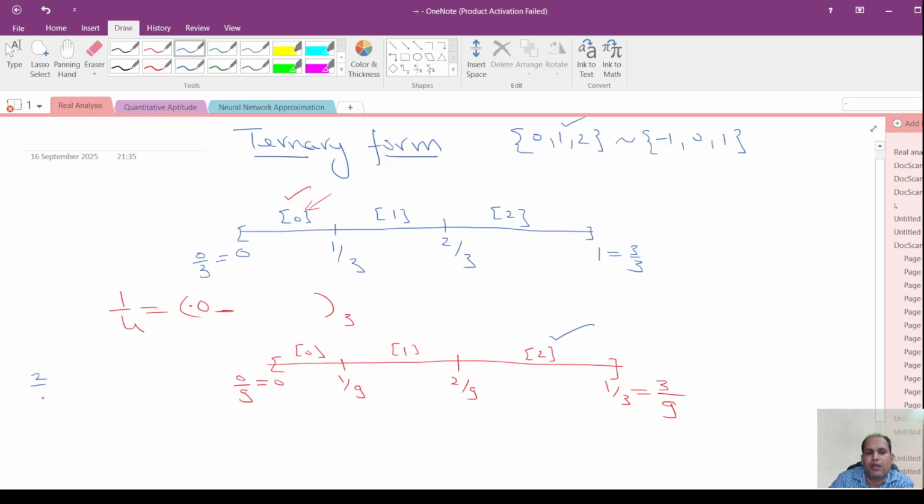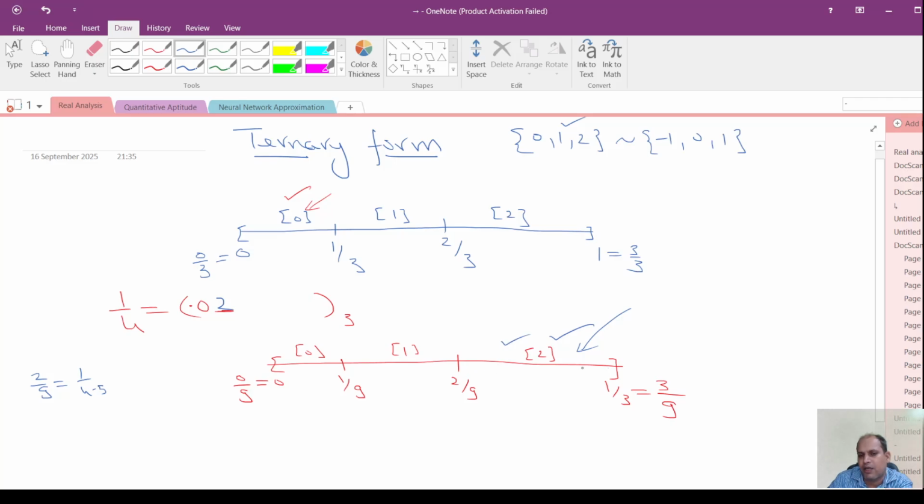If I write it as 1 upon 4.5, this denominator 4.5 is greater than 4. So 2 by 9 will be less than 1 by 4. This implies that 1 by 4 will lie in this part, and the next term will be 2 because it is lying in the next part.